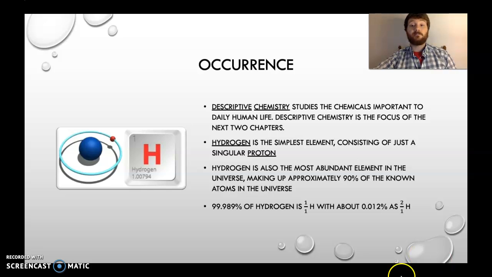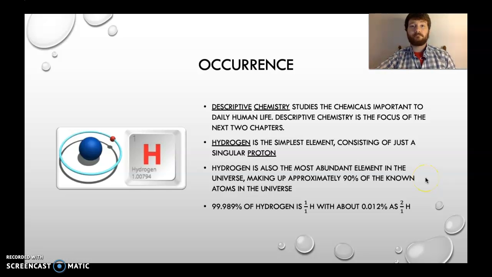99.989 percent of hydrogen is hydrogen with just 1 proton, no neutrons at all. And there's a very small fraction of these that have a singular neutron. And I believe, some of you looked that up, it was deuterium.